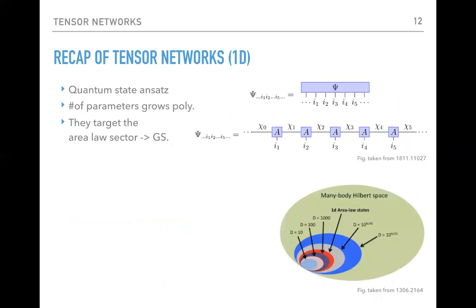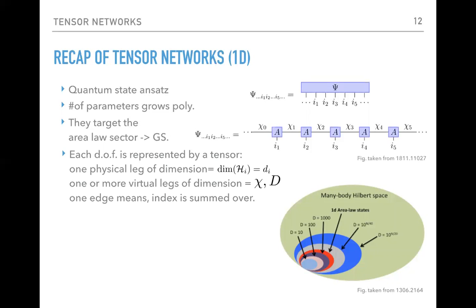And they target the area law sector of the Hilbert space, which is the sector in which most ground states of interesting Hamiltonians live. We learned that each degree of freedom is represented by a tensor, which has one physical leg of dimension little d, and one or more virtual legs of dimension chi or capital D. People like to use chi or D to denote the dimension of these virtual indices.